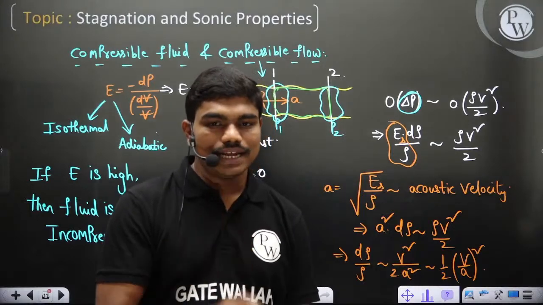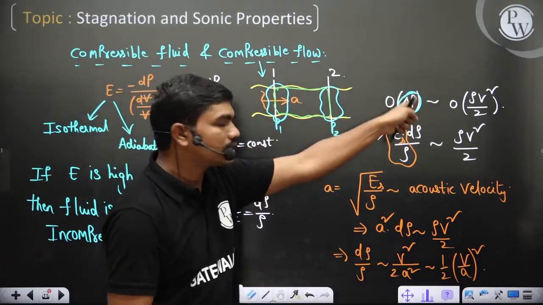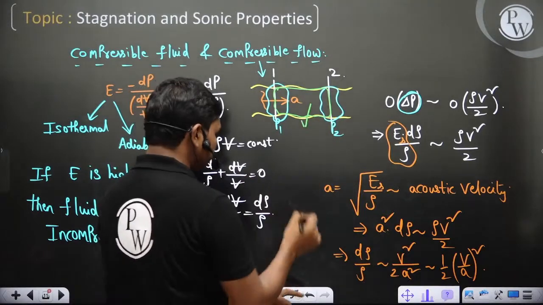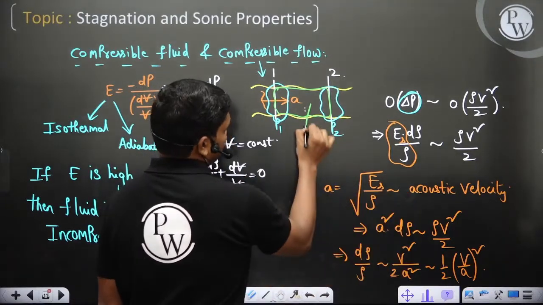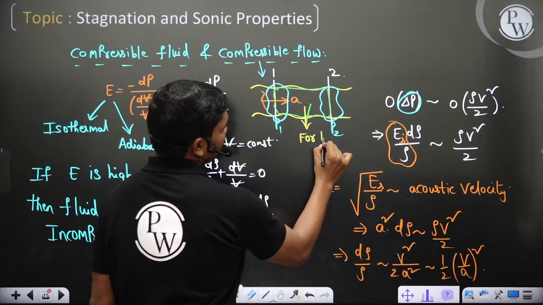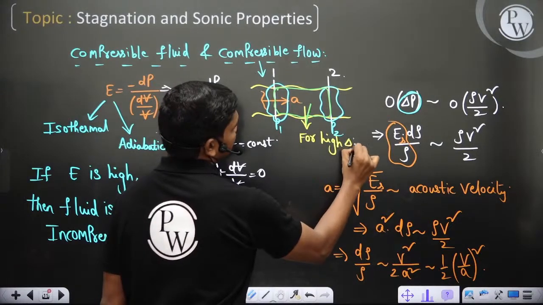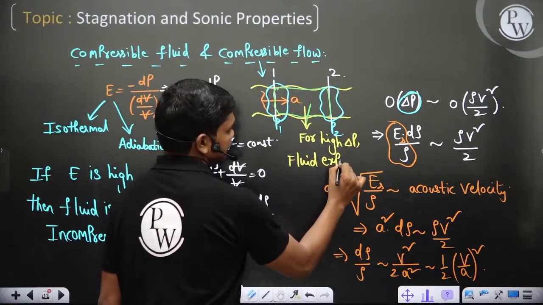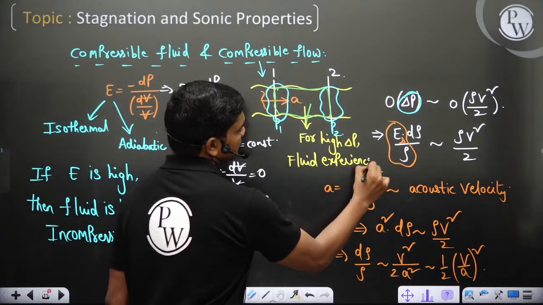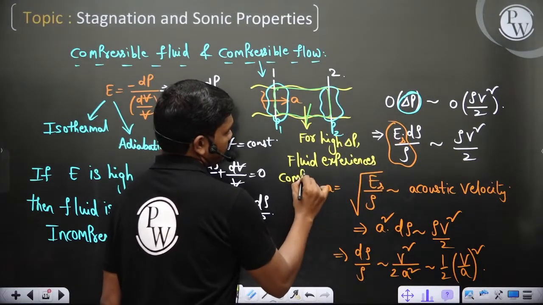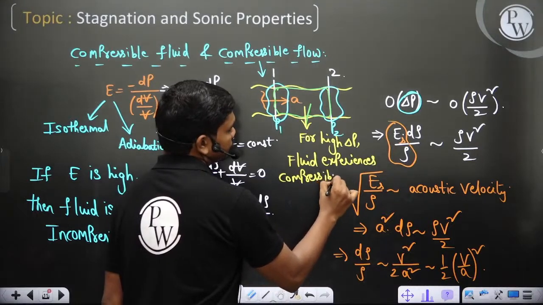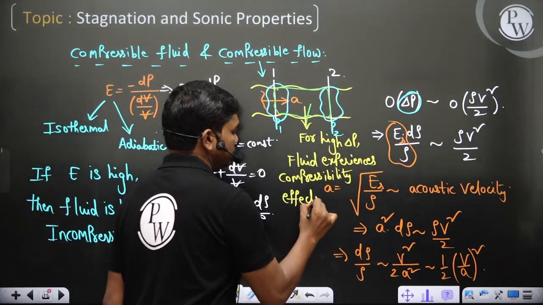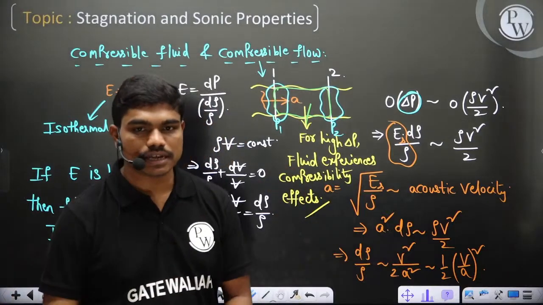Now, if this P1 minus P2, which is nothing but this delta P, is very high, then for high delta P the fluid experiences compressibility effects. Okay, so the fluid experiences compressibility effects.